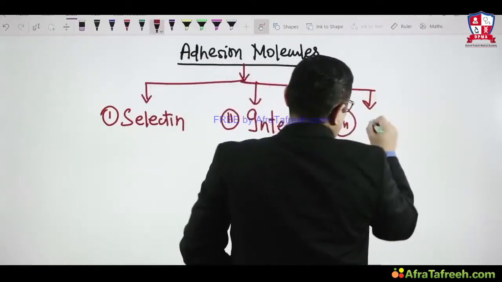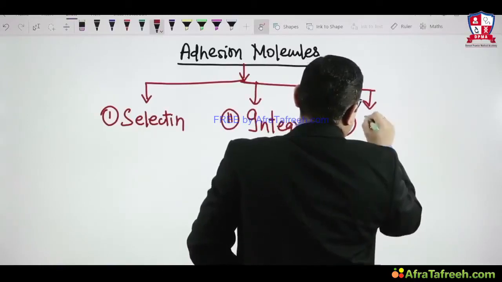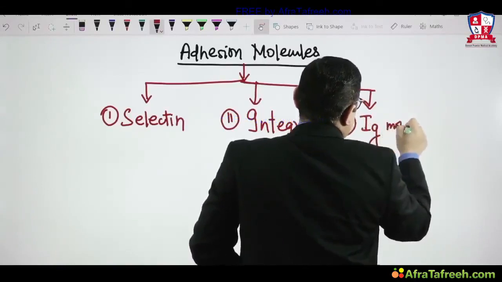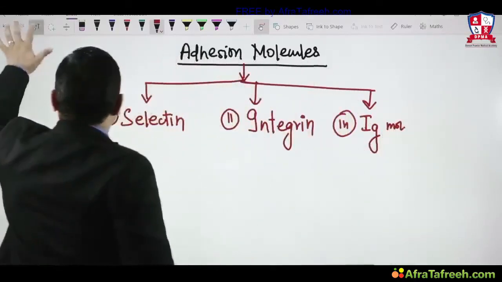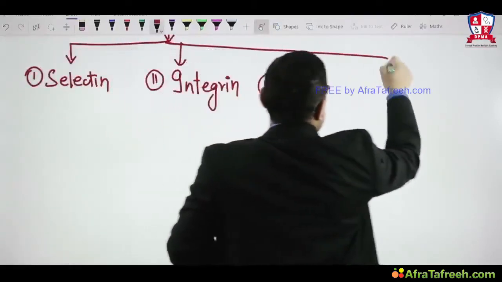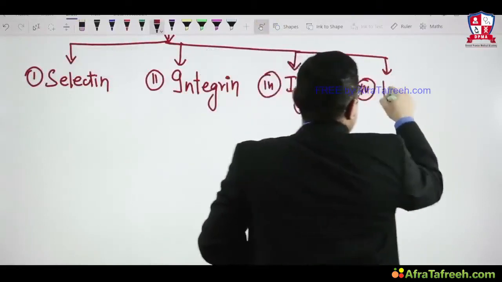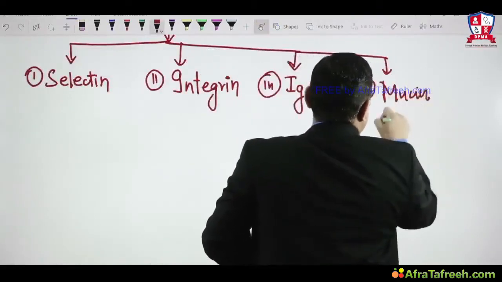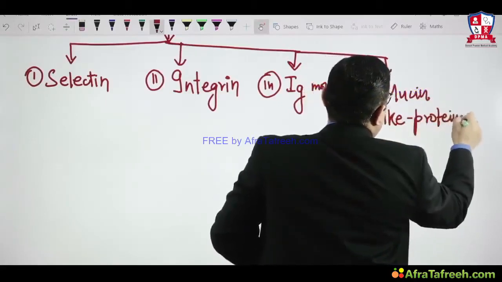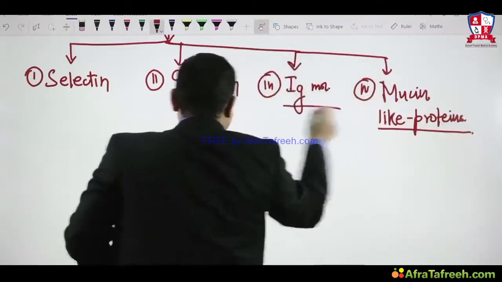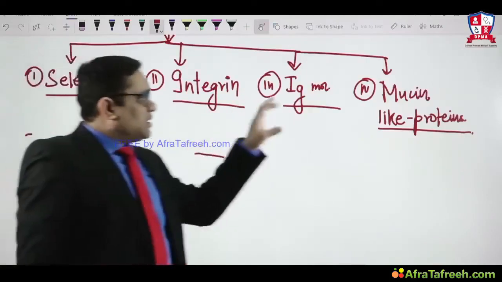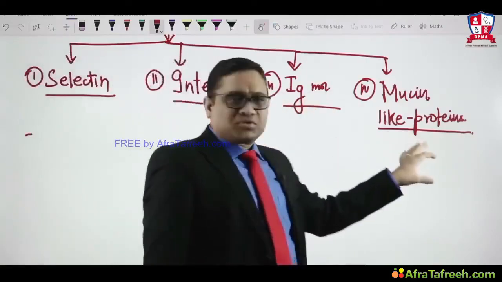Number 3 is immunoglobulin molecule, and number 4 is mucin like proteins. So these are the 4 important adhesion molecules: selectin, integrin, immunoglobulin surface molecule, and mucin like protein.